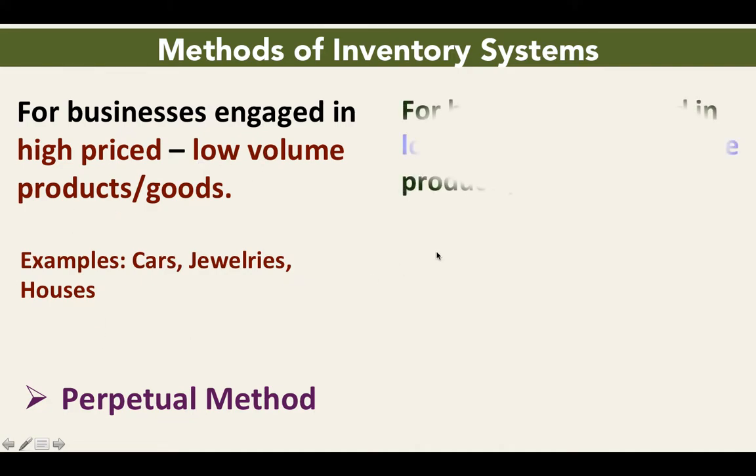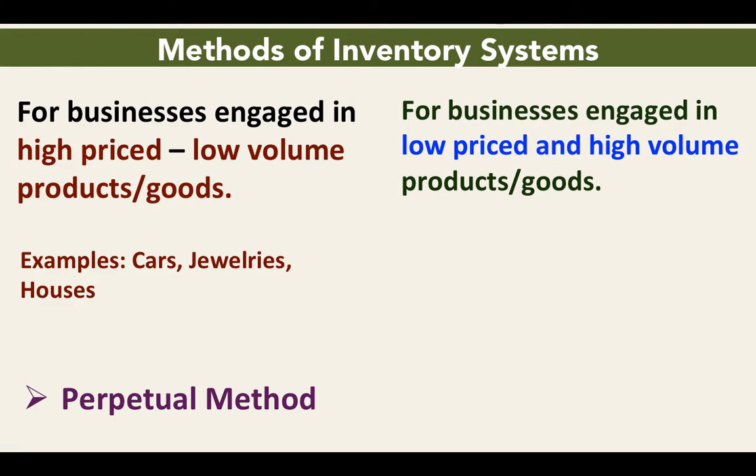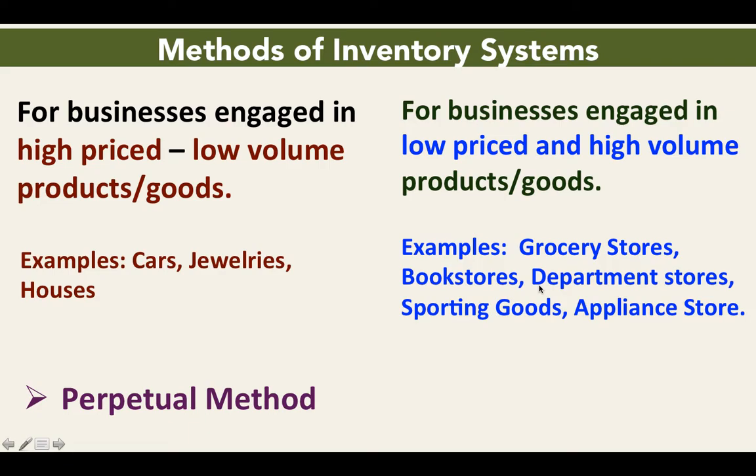So if we are a merchandising business engaged in low priced, high volume. Sa perpetual, high price. Dito sa kabila, low price. This low volume, high volume. So if we are engaged in low price and high volume products, an example natin dito are grocery stores, bookstore, department stores, sporting goods, appliance stores, and basically lahat ng mga trading na maliliit ang presyo ng mga product na ibinibenta nila at maramihang mga items.